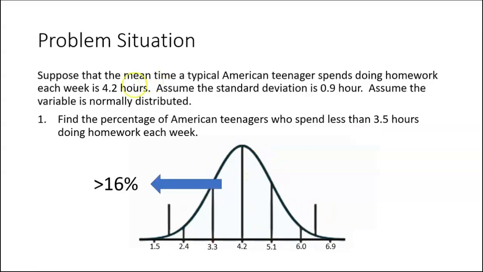All right, you were asked to specifically figure out who spends less than 3.5 hours. So 3.5 on this number line doesn't come out cleanly, but 3.5 would be right about here. Just a little bit to the right of 3.3, less than the 4.2. And so it's not a nice clean break, but if you look back at that first slide, you could get an estimation.